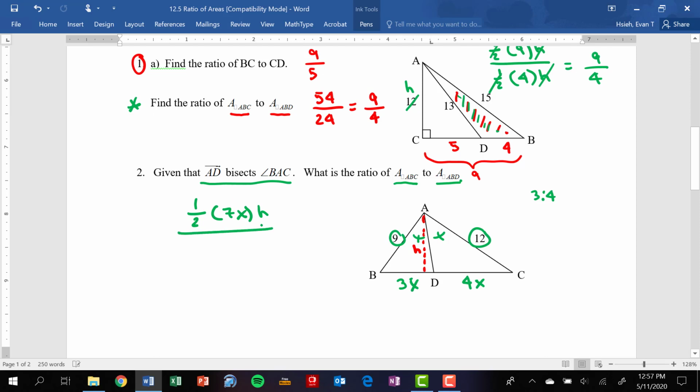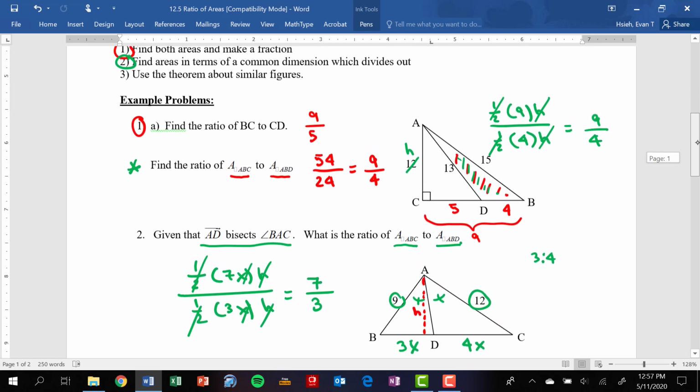And it's going to be divided by 1/2 of, so we're looking at the triangle over to the left now, 3x, the base of that triangle, and the height's the same. And again, the heights are going to drop out, the 1/2s are going to drop out, the x's are going to drop out. Your ratio of those two areas is going to be just 7 over 3.